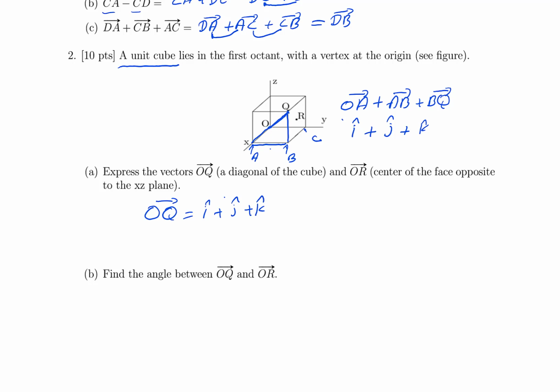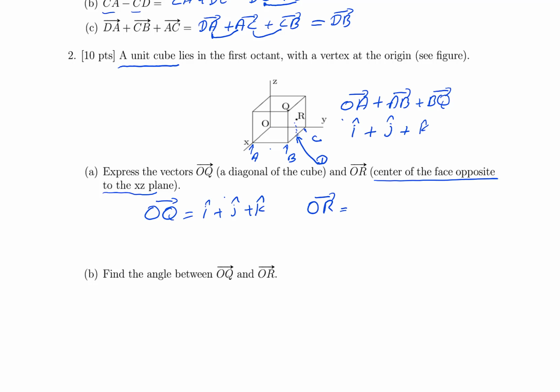Then OR. How do we write OR? R is the center of the face opposite to the XZ plane. Center means half. So I name that point D. Now, how do we start from O and come to R?